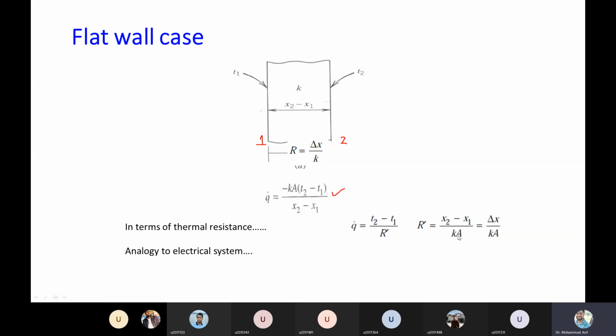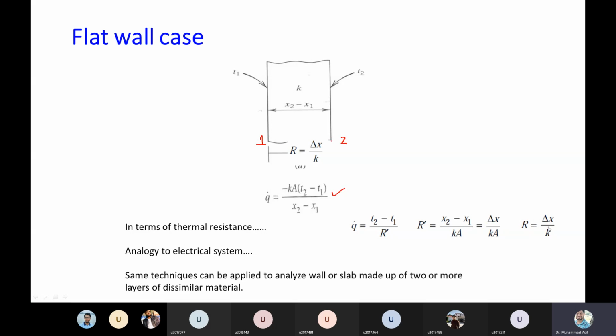Likewise, per unit area, the unit thermal resistance is equal to delta X by K. So in terms of per unit area, we may write the unit thermal resistance as delta X by K.